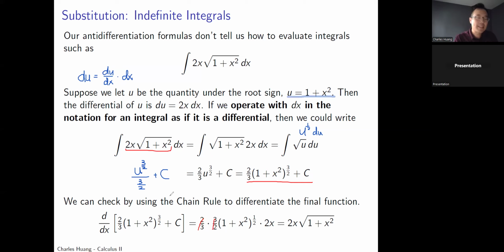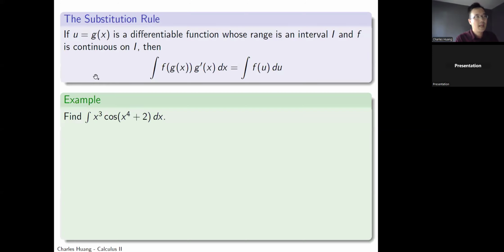Working through substitution questions like this, and taking the derivative after, helps you see what the process is, and helps you see where the chain rule, where the substitution comes from. So the rule that we have is this one over here.